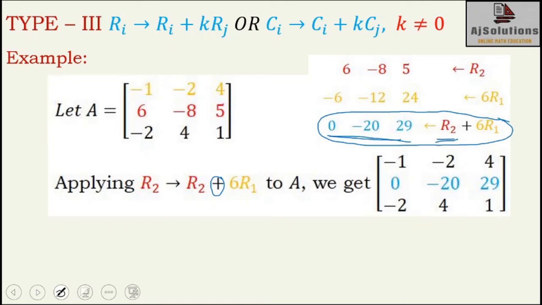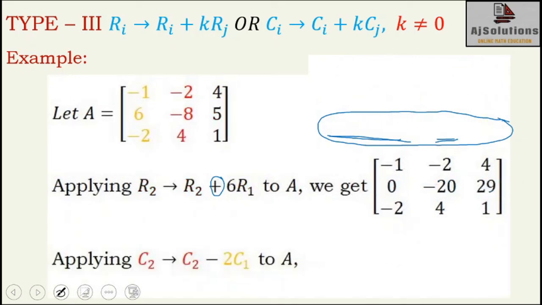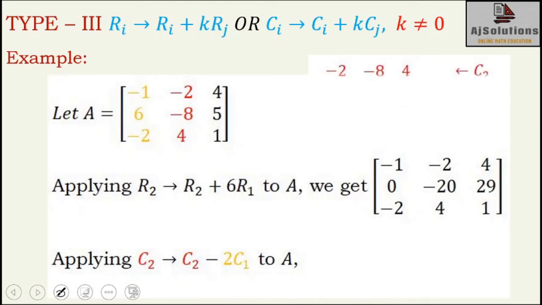Now let's apply similar kind of transformation on columns, and I have to apply now C2 replaced by C2 minus 2 times C1. So here is my second column, and I have to get next 2 times C1. So I am going to multiply first column by 2. So here is my 2 times C1, and after that I have to subtract.